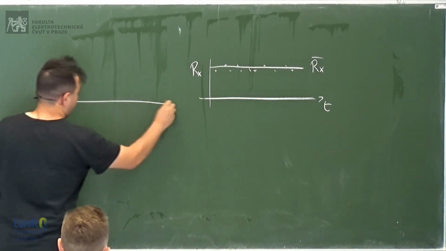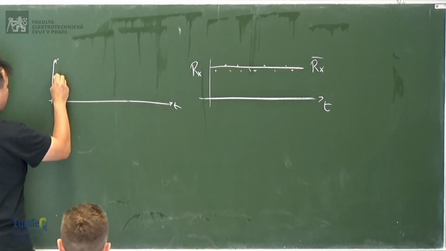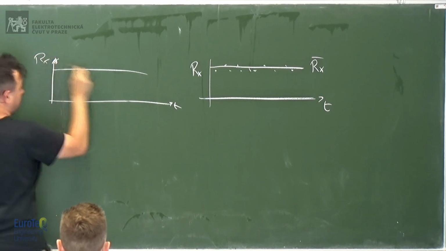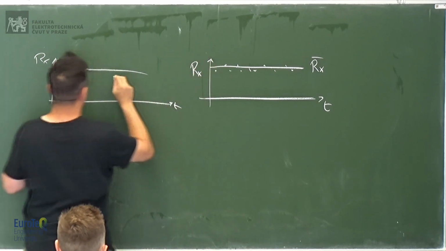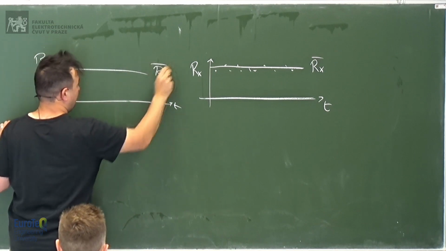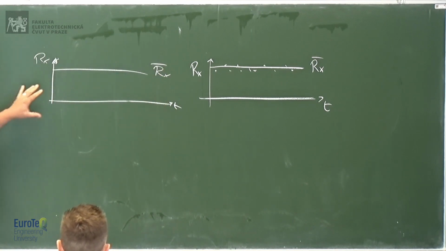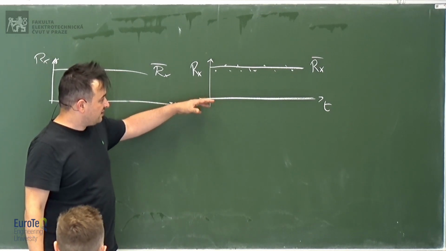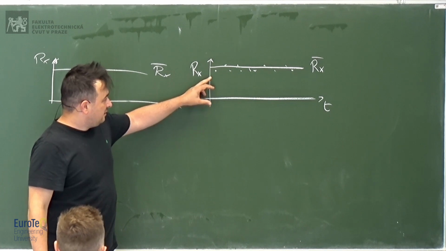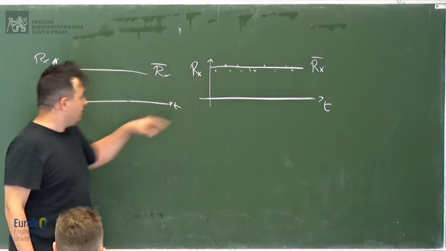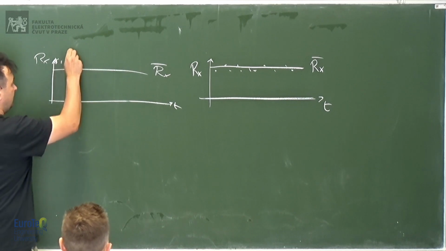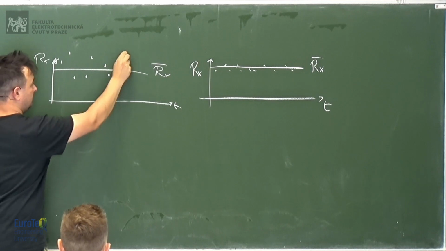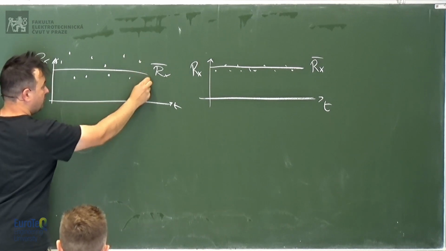For instance, if you have a resistance, again, Rx, and this is again the average. Let's consider two experiments where we observe the resistance in time, and they have the same average value, but in this case the scatter of the values is way larger.